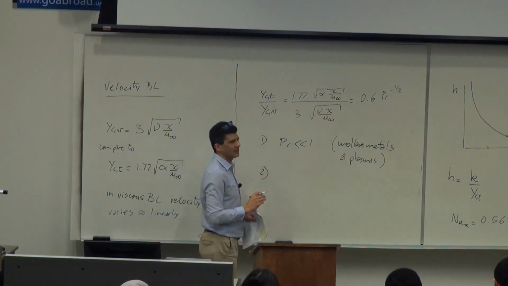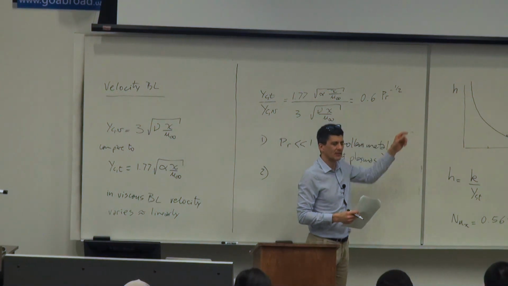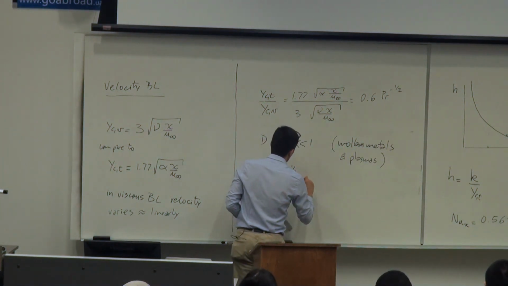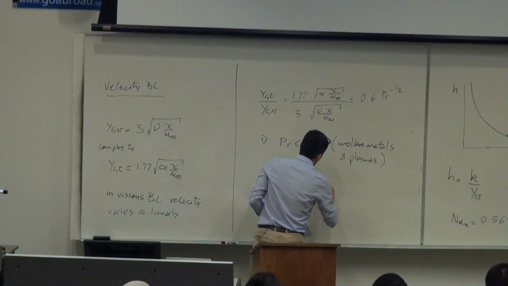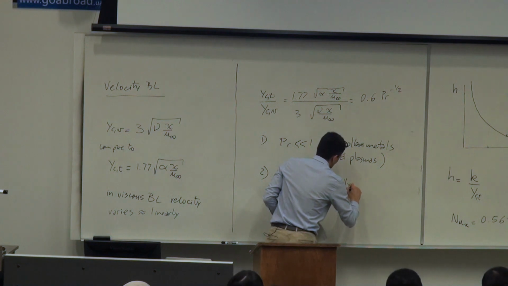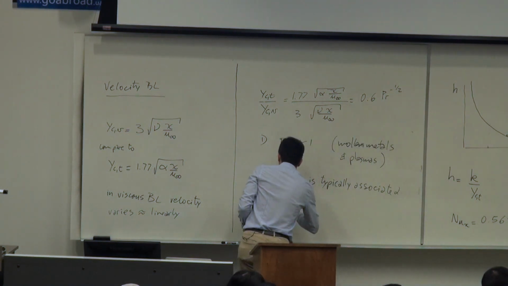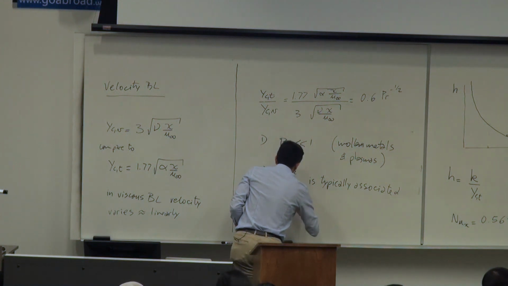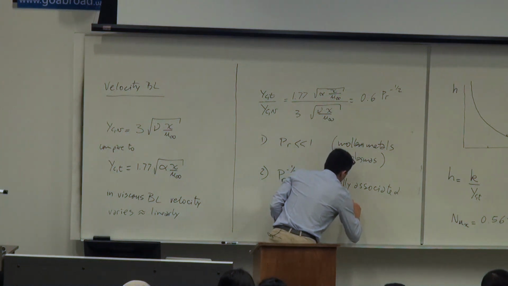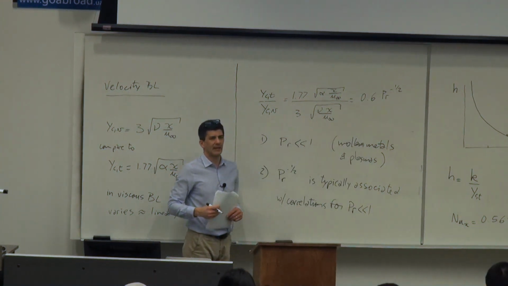Now, other take-home lesson. You see that it's Prandtl to the minus 1/2 here. Prandtl to the minus 1/2 is typically associated with correlations for molten metals and things like those.